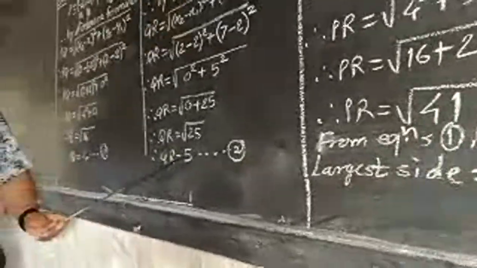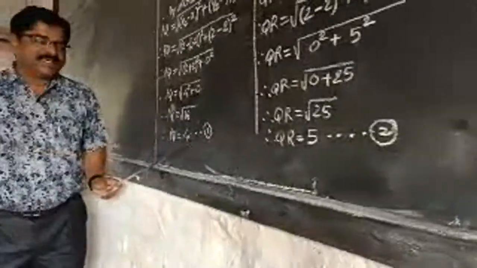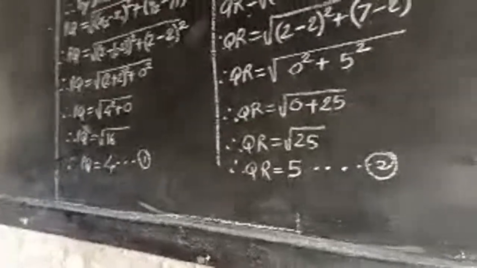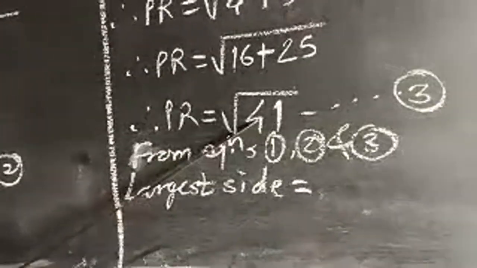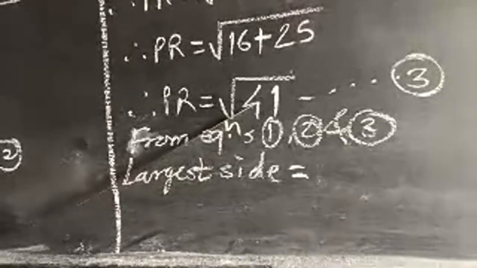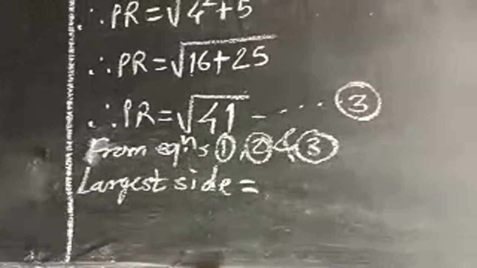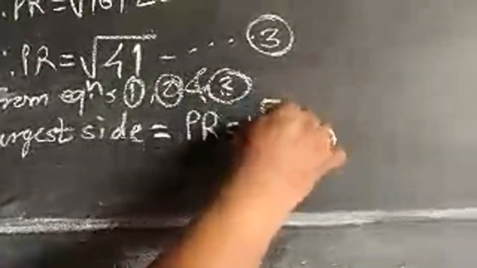Here 5 means root 25, 4 means root 16. Root 16, root 25 and root 41. Which is the larger? Root 41 is the larger number. Is it correct? So PR is equal to root 41.